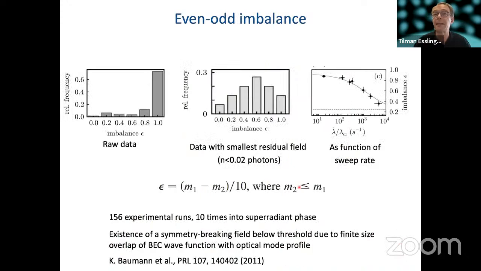Then we did statistics on it and looked at how often you have even versus odd. Is there any preference or not? And if you take all data, then you have a preference for one.